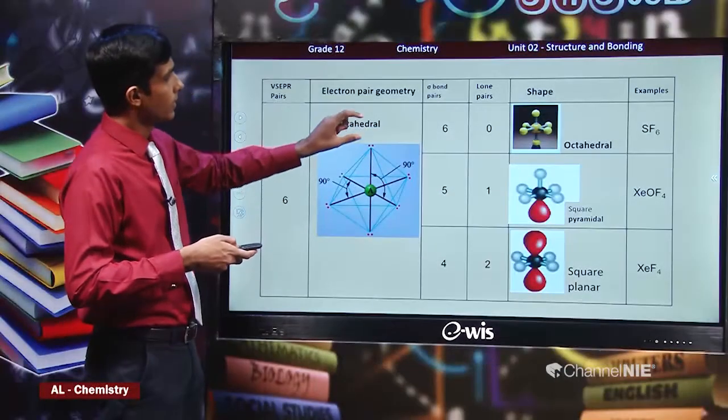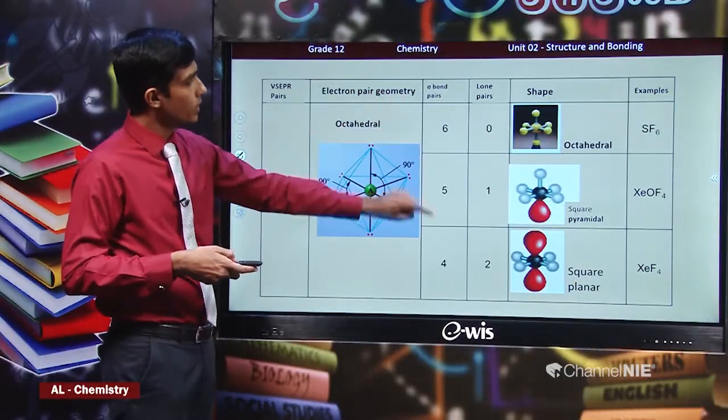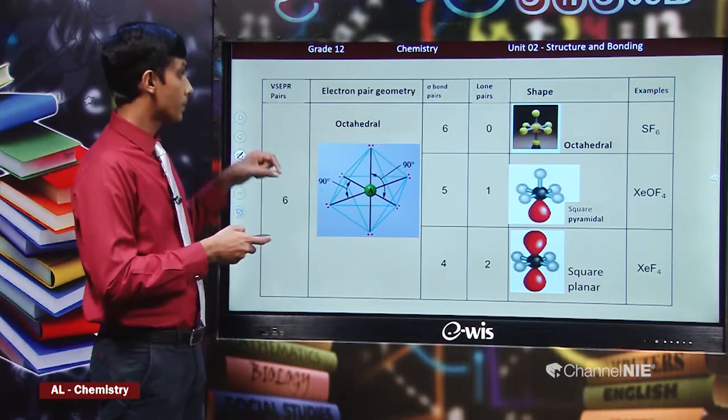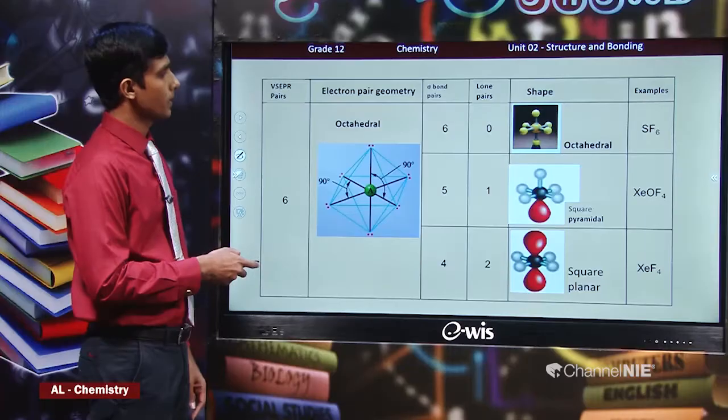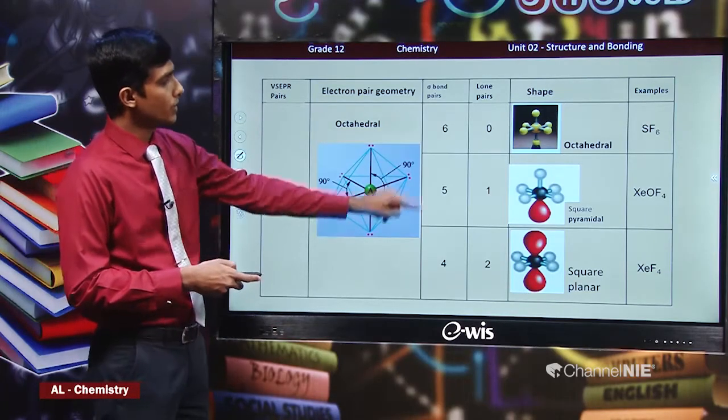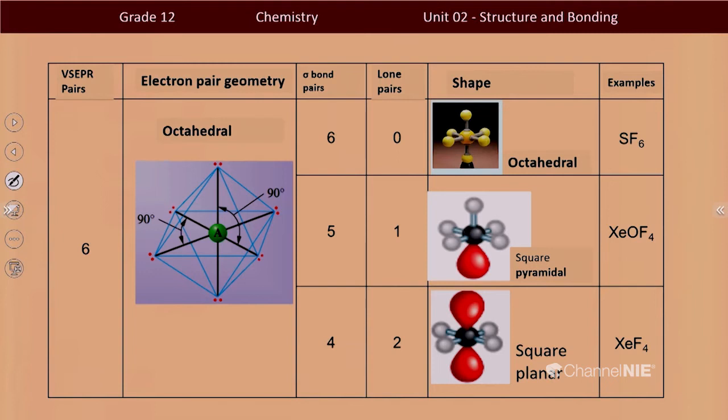That means there are two derived shapes from this octahedral shape. In the previous one, from the trigonal bipyramidal geometry, there are three derived shapes: seesaw, T-shape and linear. Here, two derived shapes: square pyramidal and square planar.